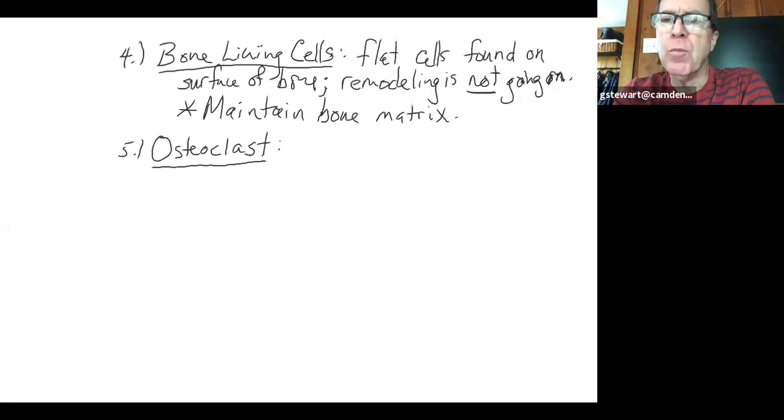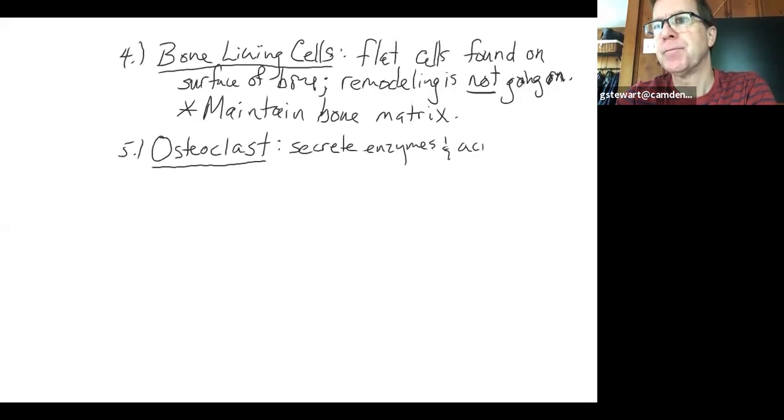They secrete new bone matrix, which makes new bone tissue. Osteoclasts do just about the opposite. They secrete enzymes and acids that dissolve and degrade bone tissue.